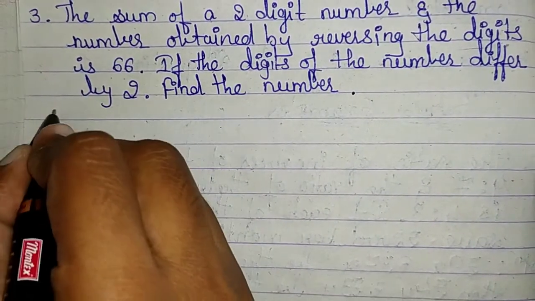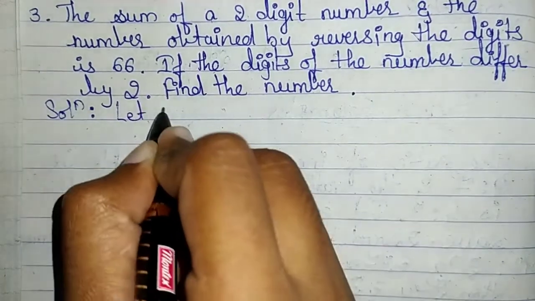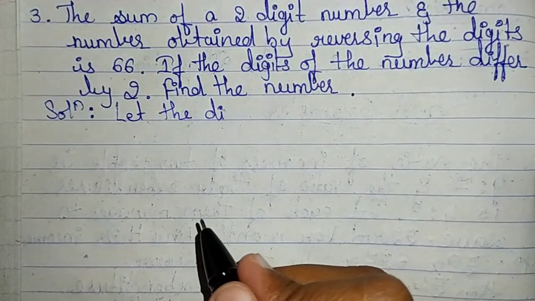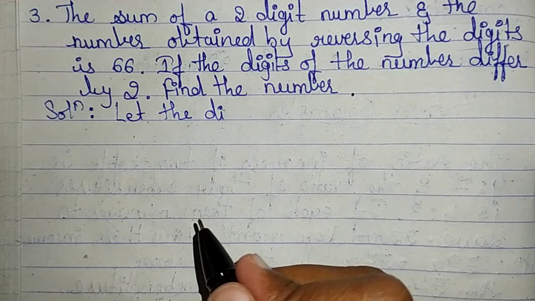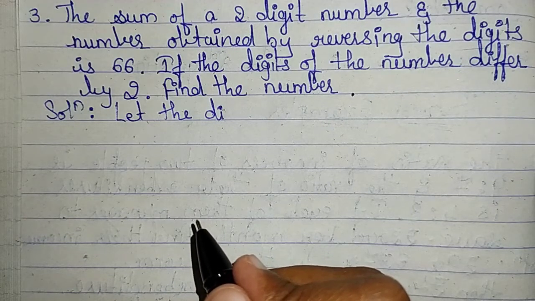So solution, let the digits be x and y. The numbers from 0 to 9, 0, 1, 2, 3, 4, 5, 6, 7, 8 and 9, they are known as digits. Combining these digits in different orders will give you different numbers.